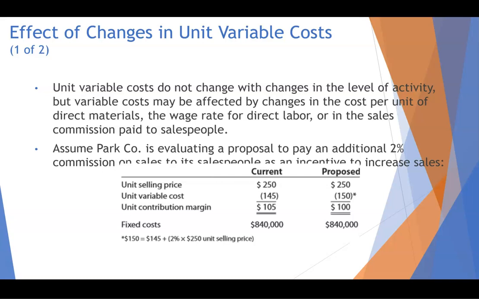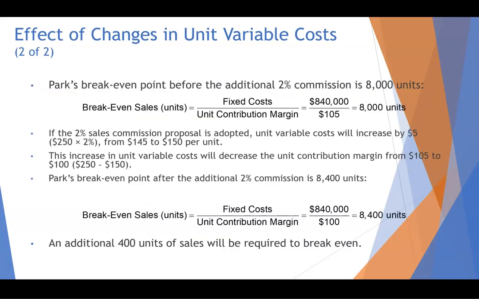So if we assume Park Company is evaluating a proposal to pay an additional 2% of commissions on sales to its salespeople, then you see our unit variable cost is proposed to increase, which then lowers our unit contribution margin. In this case, our fixed costs have not changed, but our variable costs have changed.